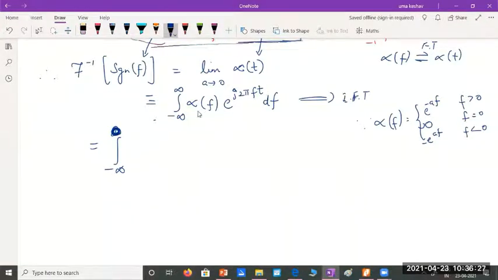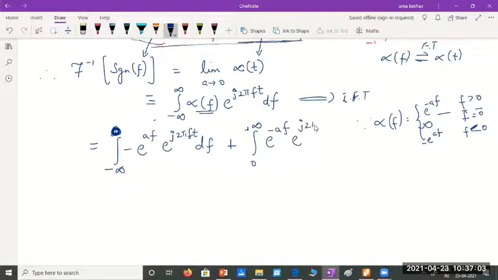From minus infinity to 0, f less than 0, its value is minus e to the power of af, e to the power of j2 pi ft df, plus from 0 to plus infinity, the positive frequencies, the value is e to the power of minus af, e to the power of j2 pi ft df.